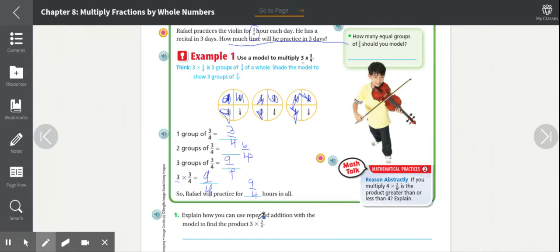How could we do that using repeated addition? Right, so I could just do 3/4 plus 3/4 plus 3/4, because we know that repeated addition is the same as multiplication.